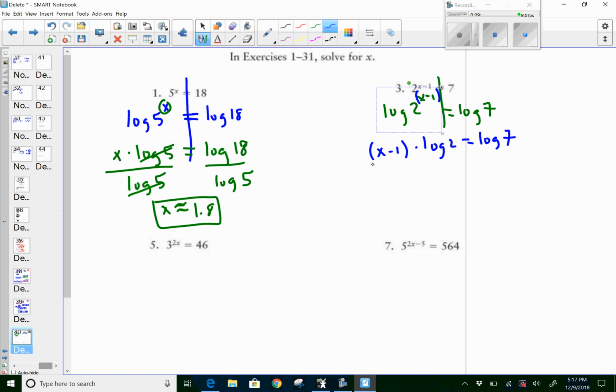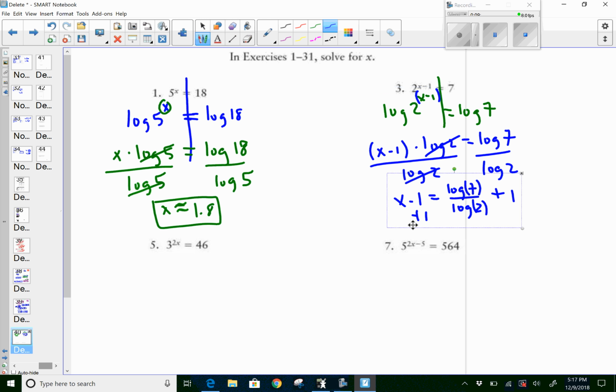Now you want to get this x by itself, so divide both sides by log of 2. That cancels out, so I have x minus 1 is equal to log of 7 divided by log of 2. Add 1 to both sides, plus 1, plus 1. That allows this to cancel out. So x is equal to all of that.